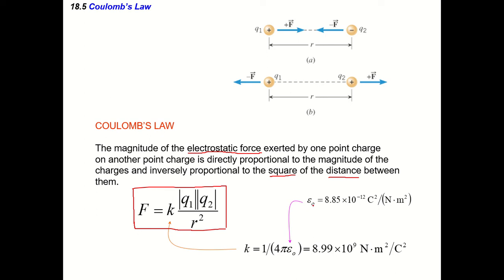Epsilon sub 0 is a constant, class, that we are going to use. This is the permittivity: 8.85 times 10 to the minus 12 coulomb squared per Newton meter squared. So this is the electrostatic force. Remember this, a very important formula in our discussion about the electric field.